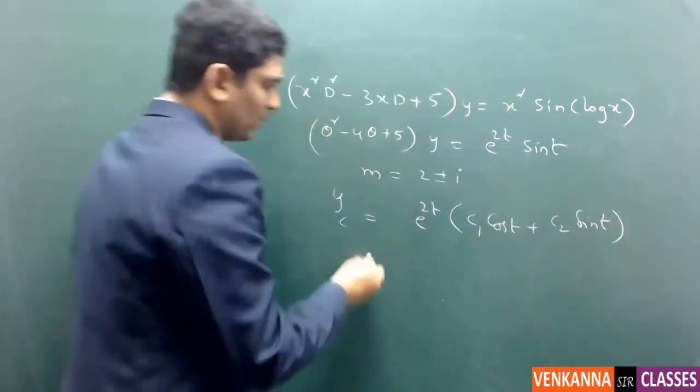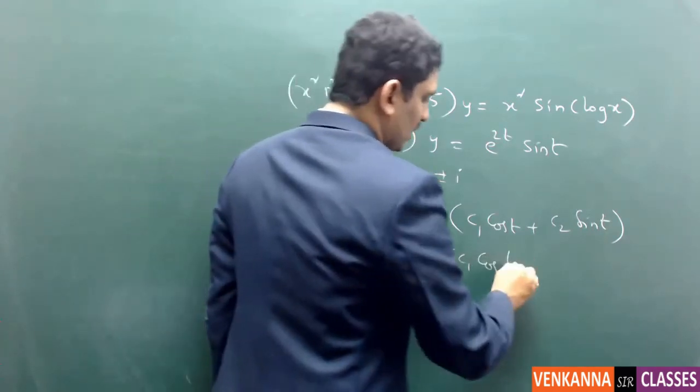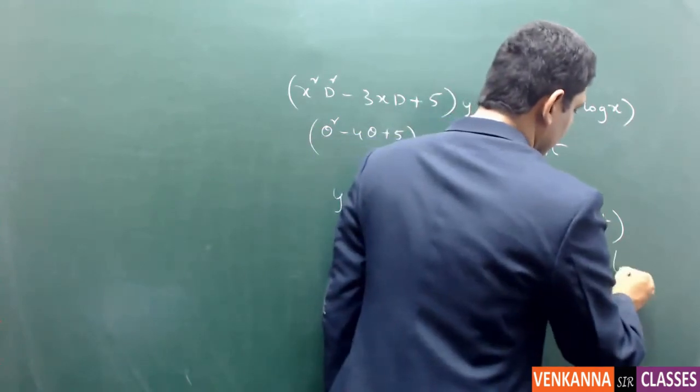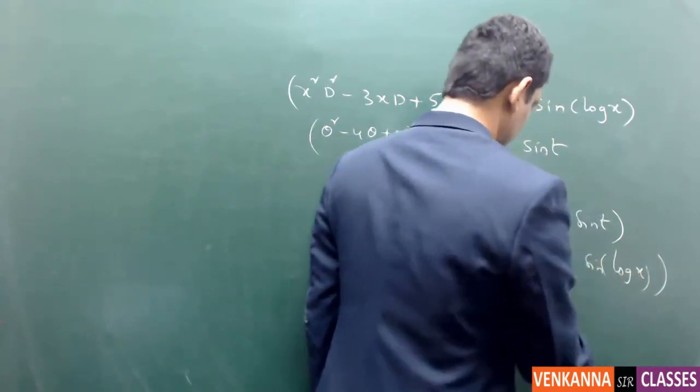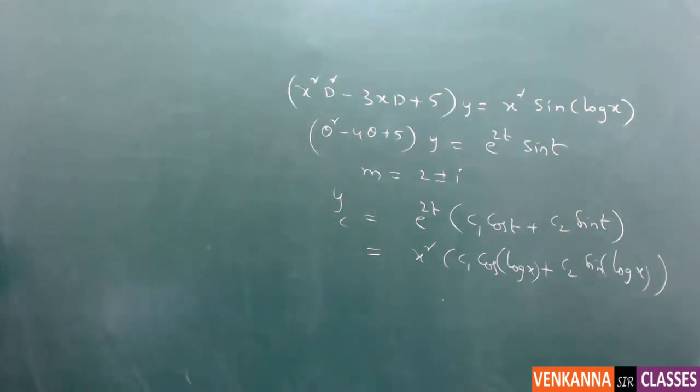So converting in the notation, it will be x square into c1 cos of log x plus c2 sin of log x. Accepted? Fine. Let us go with yp.